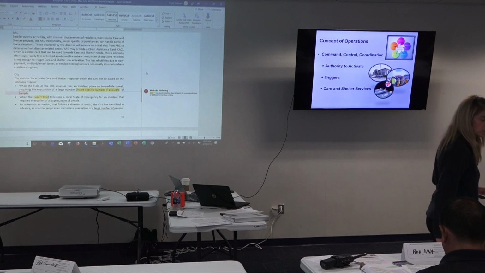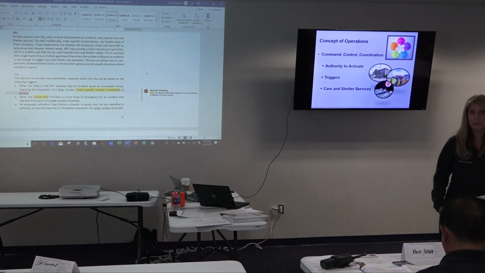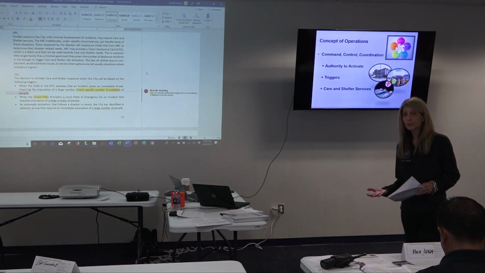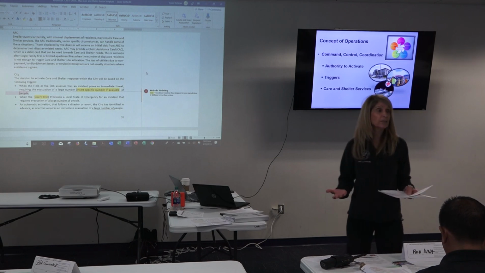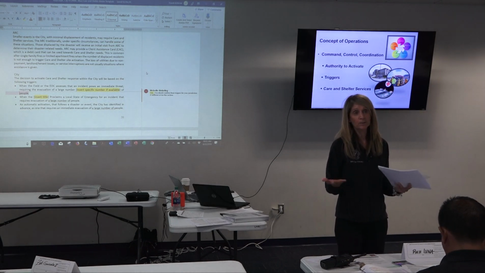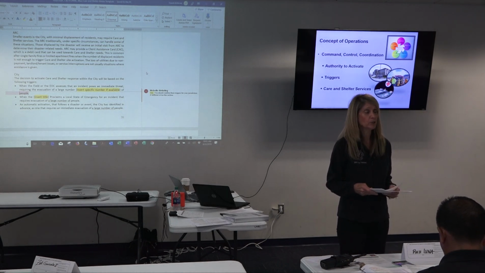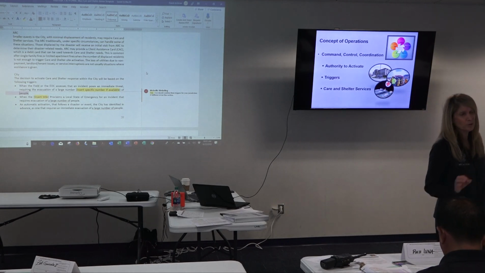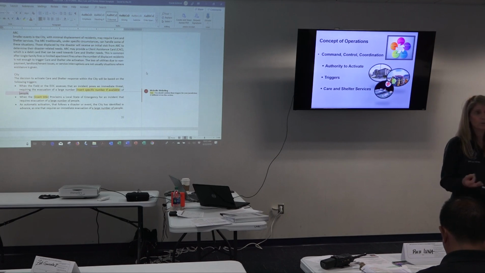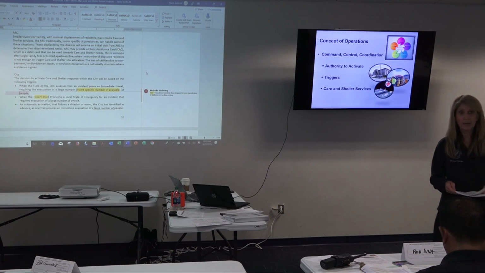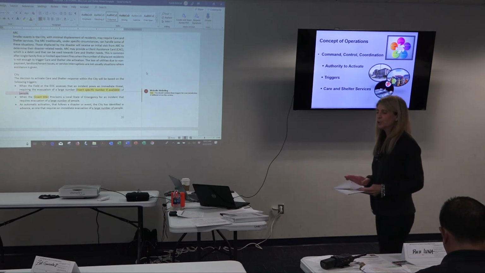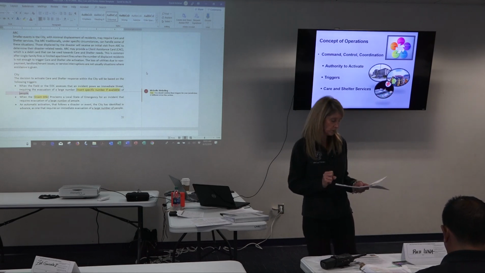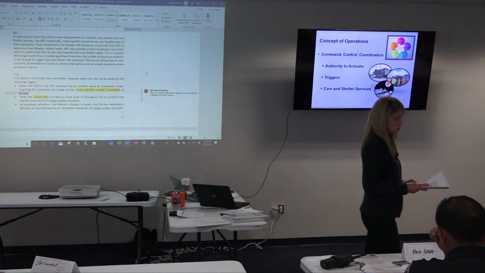The city is not really going to be working at that shelter. There may be no need for any departments to support that site, whether it's a care and shelter site. And maybe the Red Cross is just going to call you up for some minimal support or resources, but most of the time they don't. They can come and handle that operation solely on their own, with their own resources. So that's one type of situation that you could have.